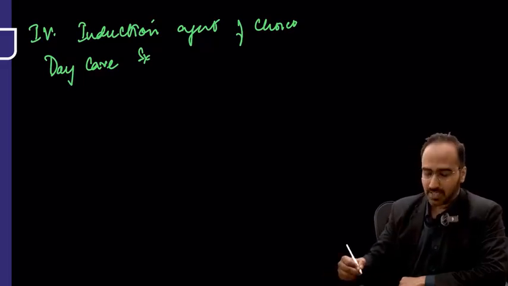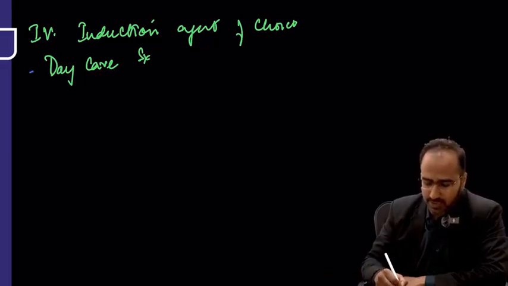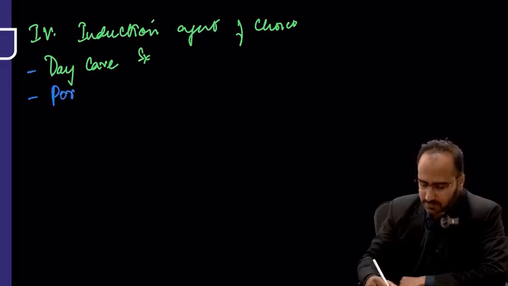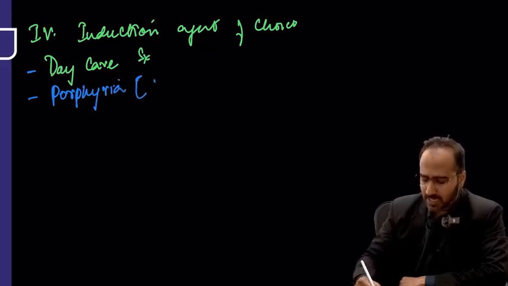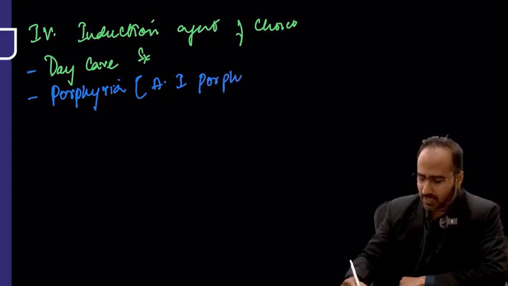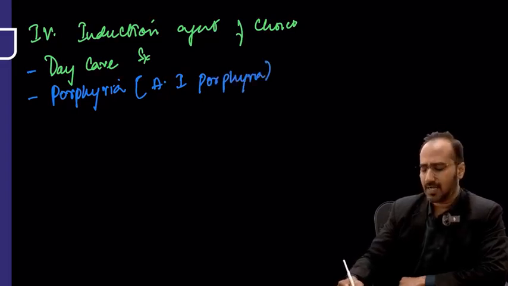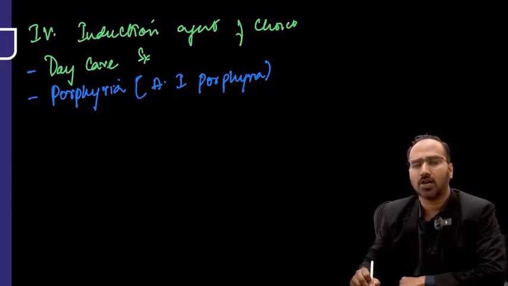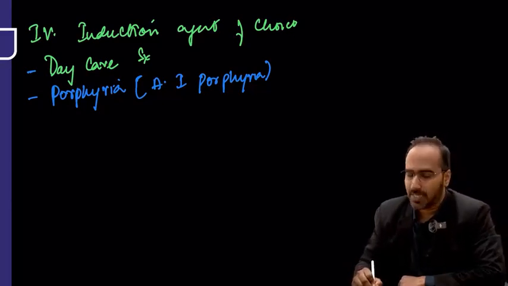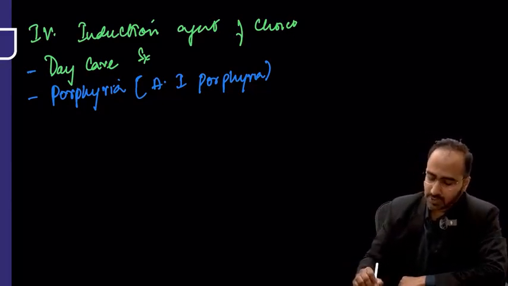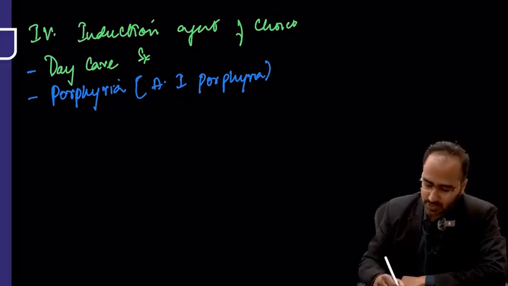Apart from daycare surgery, propofol is also the IV induction agent of choice for patients suffering with acute intermittent porphyria. In acute intermittent porphyria, many of the IV induction agents are contraindicated, especially thiopentone. But propofol is used as the IV induction agent of choice.